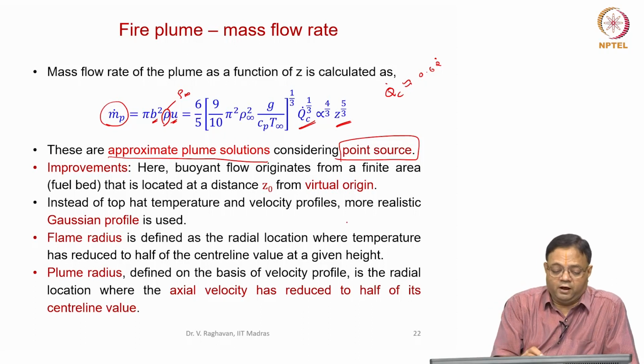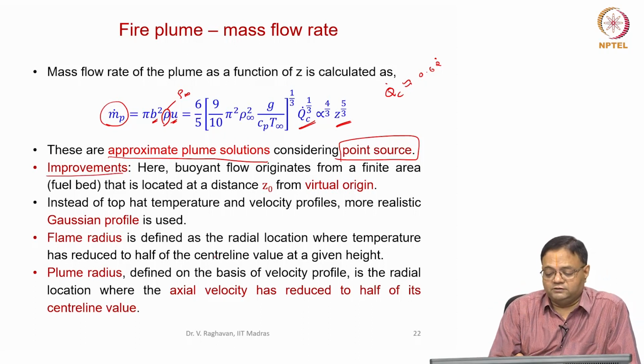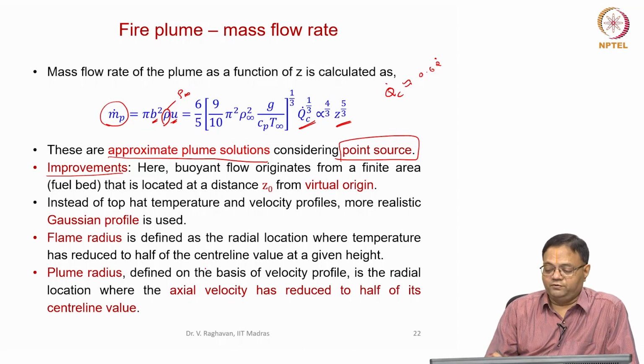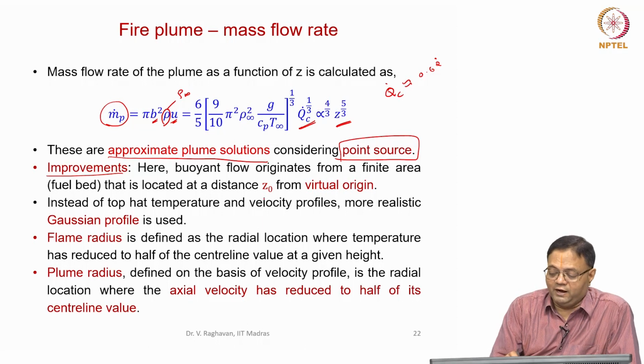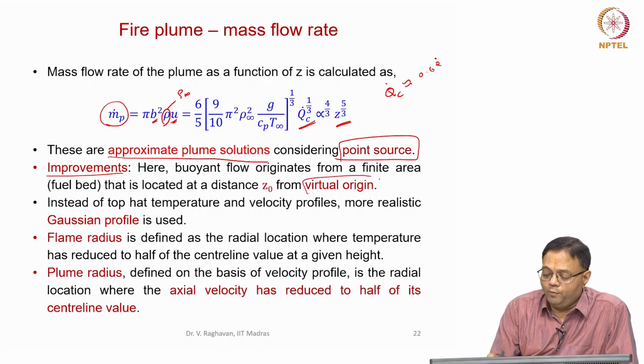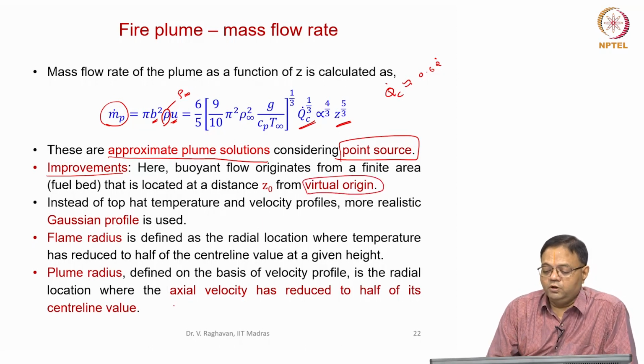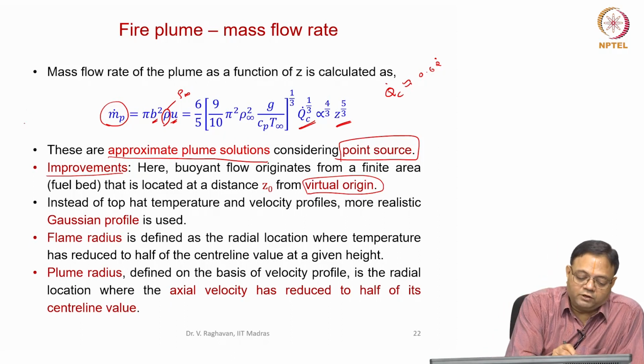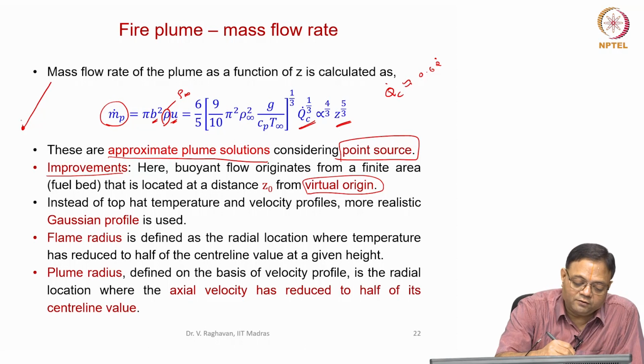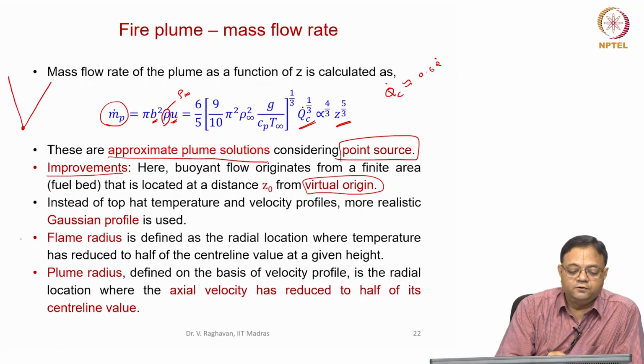So, as far as improvements are concerned, we can get rid of some assumptions, like we are now saying that the plume is generated from a virtual origin, correct? So, there is a point source. From this the plume is generated like this.